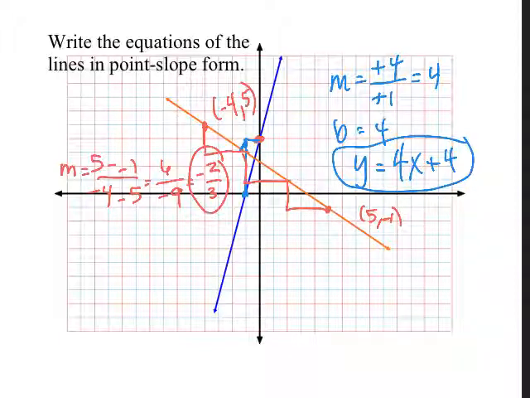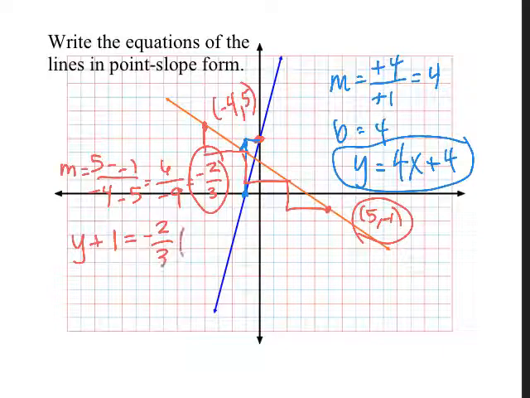Okay, but now I've got to write the equation of the line. So I'm going to use point-slope form. And I can use either of these 2 points. I think I'll choose this one. Okay, so y minus -1 equals my slope times x minus 5. Now this one's going to be a little harder to simplify because you've got some fractions, but let's just go through it.